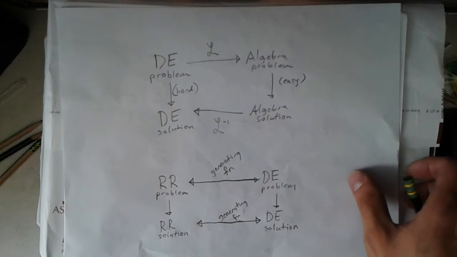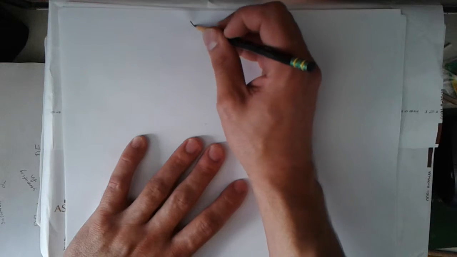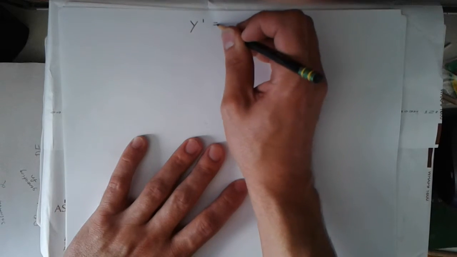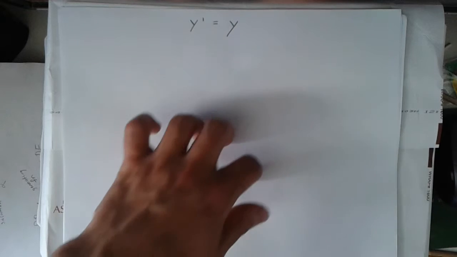So I'm just going to use the same example here, which of course does have an elementary solution. And so let's say we're starting with the differential equation y prime is equal to y, and we want to solve that.